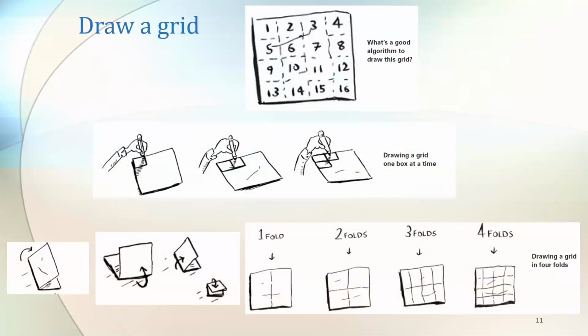All right, so consider this algorithm. If I had to create a grid, and I was creating it, method 1, I draw each square in the grid one after the next after the next. Method 2, we fold the paper. After 4 folds, look, I have the grid drawn. What was the complexity of the first one versus the complexity of the second in big O?